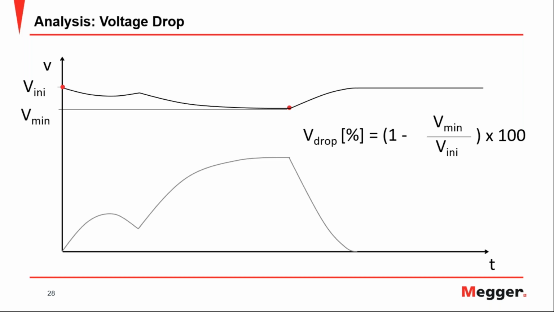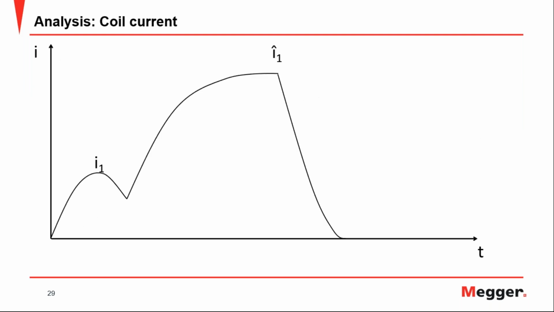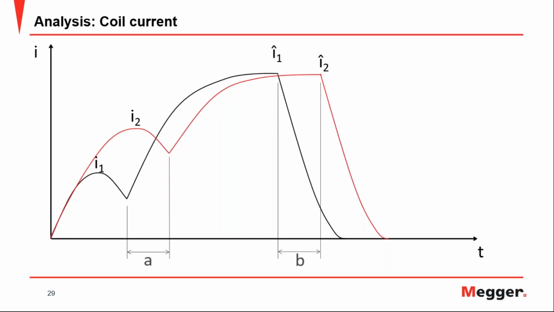So it's indirectly a test on the DC system. In the analysis of the coil current, you have the armature peak currents and then the coil peak currents, and there are going to be differences in those currents and in the times when those events happen.